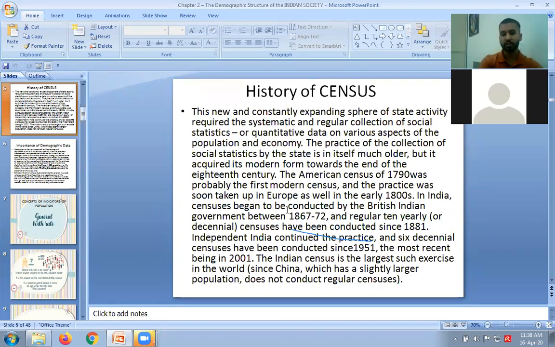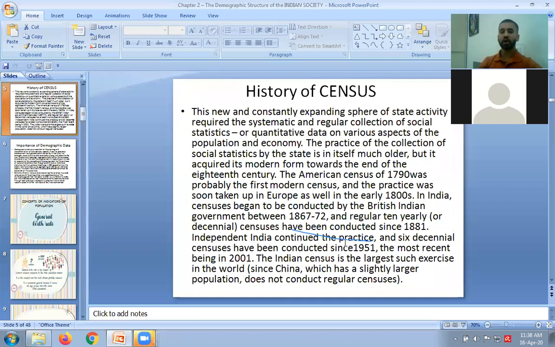Look at what is written here: the American census of 1790 was probably the first modern census. So sociology also started coming after that, right? So the emergence of demography is related to the emergence of sociology, right?